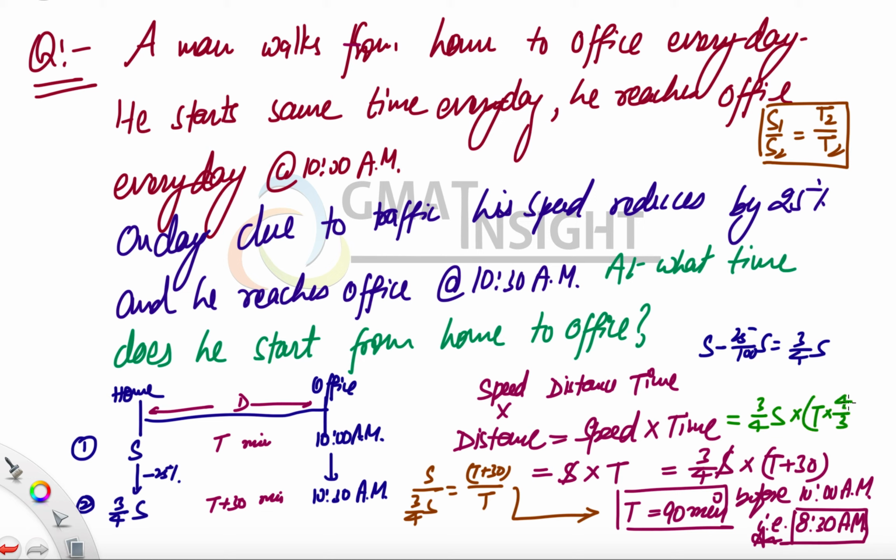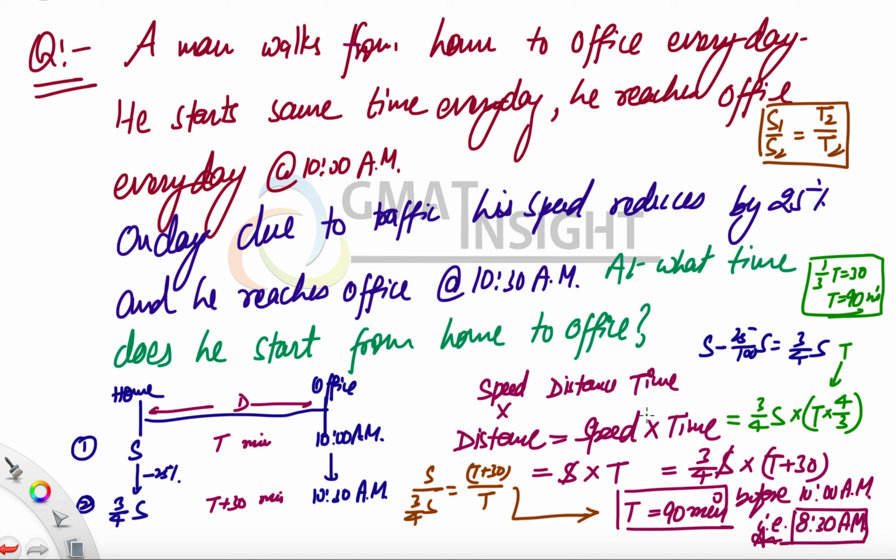Only then will this 3/4 be cancelled out by this 4/3. So while initially the time taken was t, now it is 4/3 of t. That means the extra time is 1/3 of t, which is 30 minutes. So t equal to 90 minutes. That's the third method. It's completely your choice which method you want to pursue. I believe that the first method is fair enough, and we should understand the concept exactly like this.